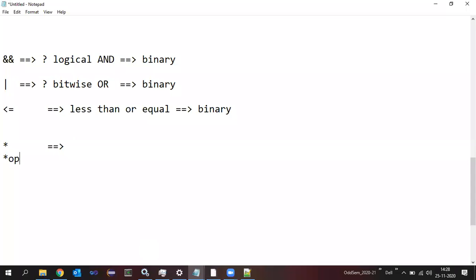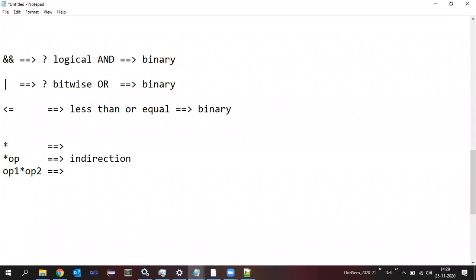If it is star op, then the answer is the indirection operator. Now, suppose I write something like op star op2, then you have an answer that it is a multiplication operator. Correct? Okay, very good.